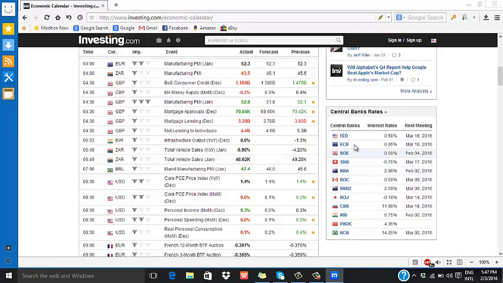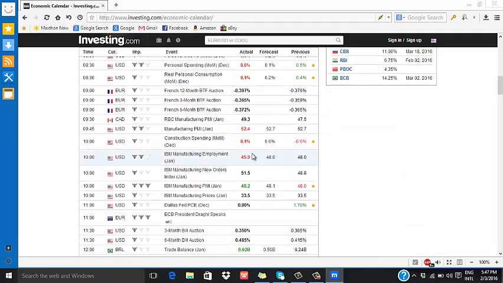The next announcement in the US will be the Federal Reserve announcement on March 16th. So on March 16th, we can expect the monetary policy announcement to take place in the US. Like this, we can see for various countries when the monetary policy dates are and what interest rate is prevailing in the current scenario in this particular box.